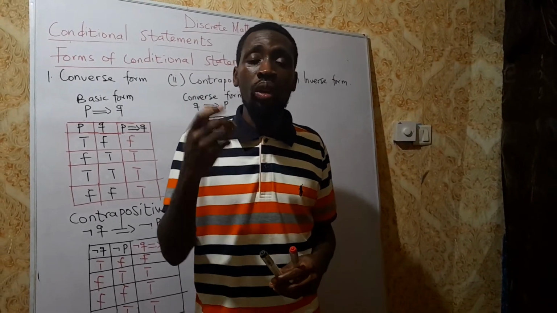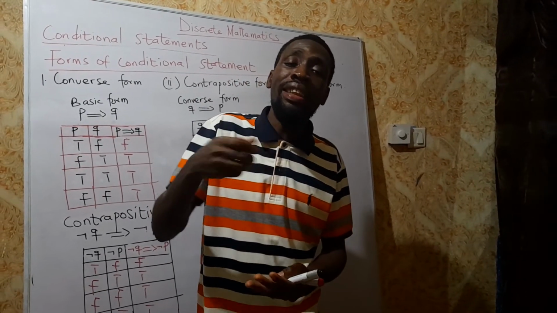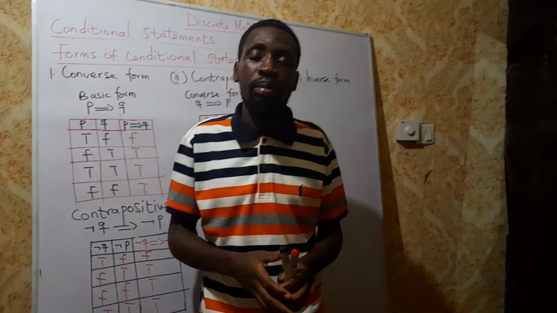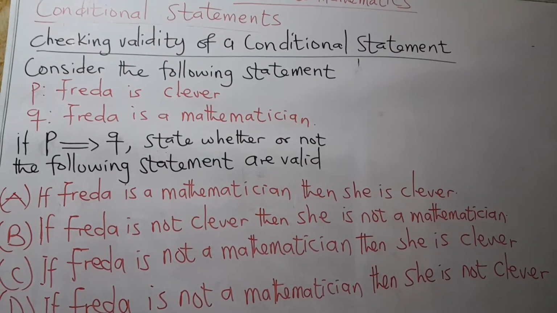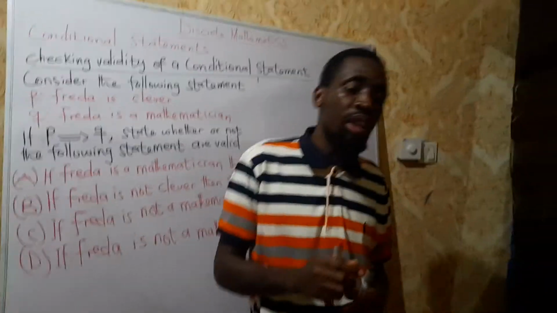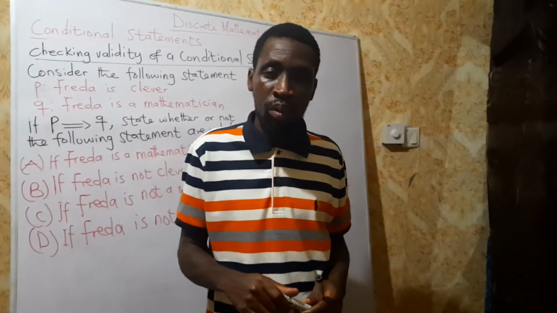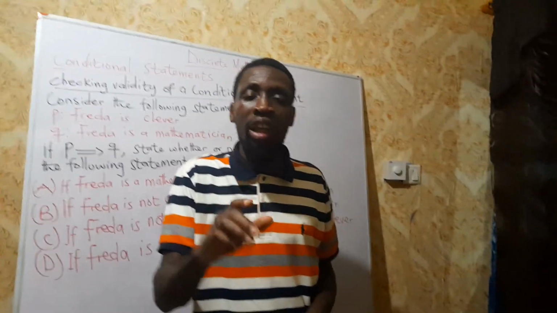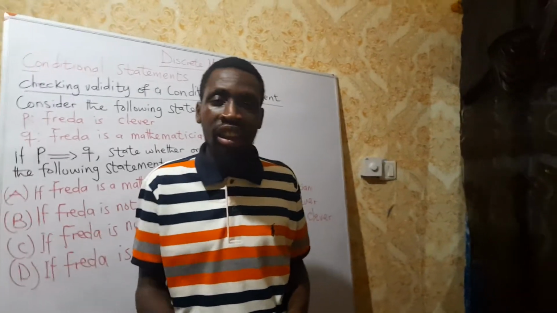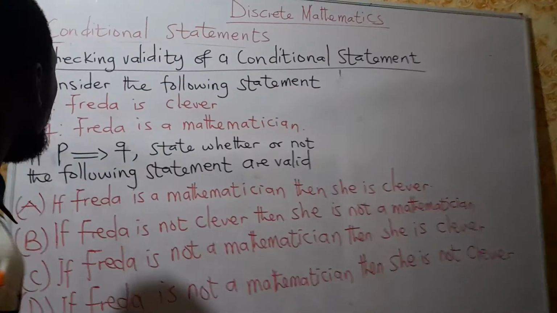So we'll take some statements and look at their validity. Remember we said that the only form of a conditional statement that provides the basis for validity is the contrapositive form. Any other form does not provide the basis for validity. So let's look at this question. It says consider the following statements.